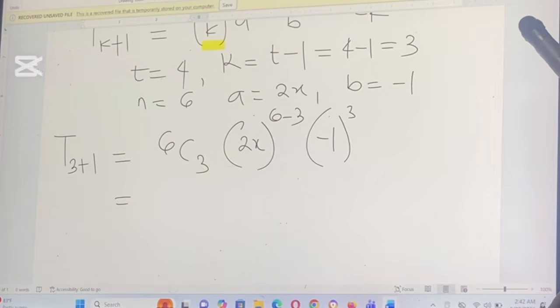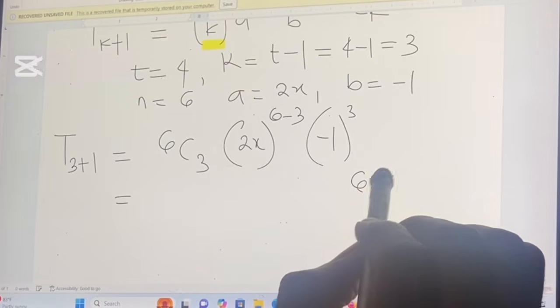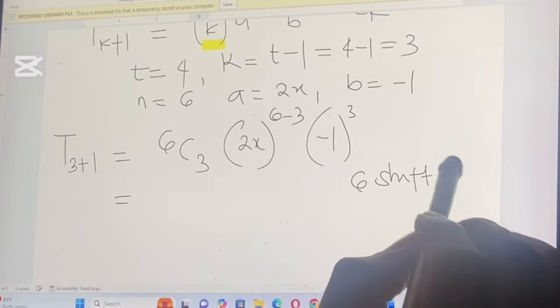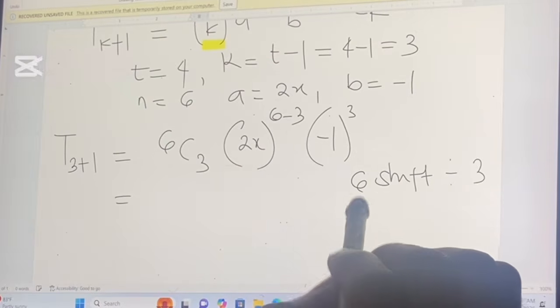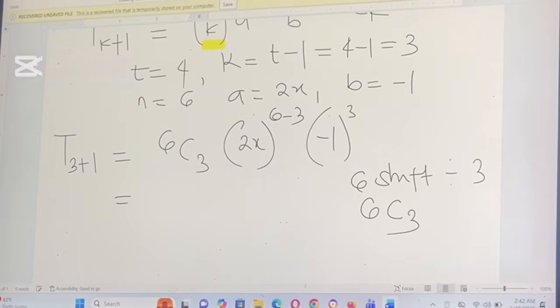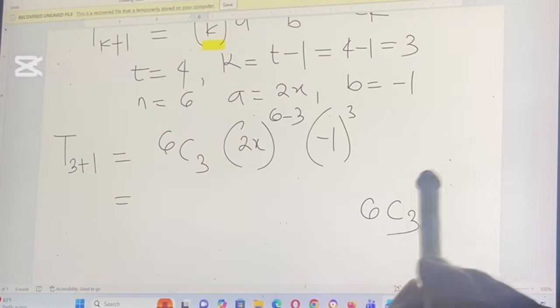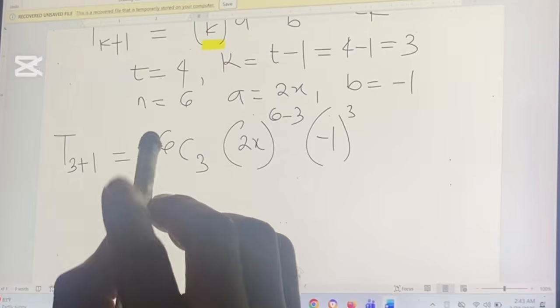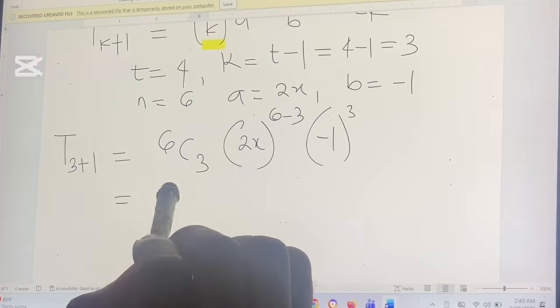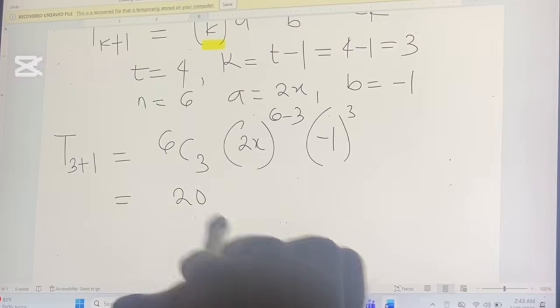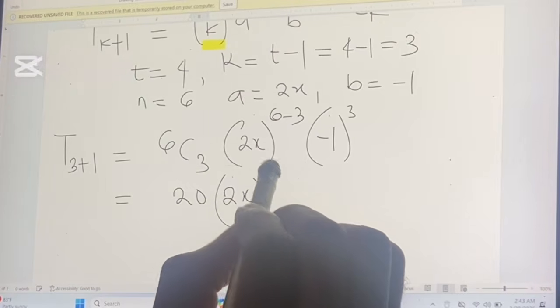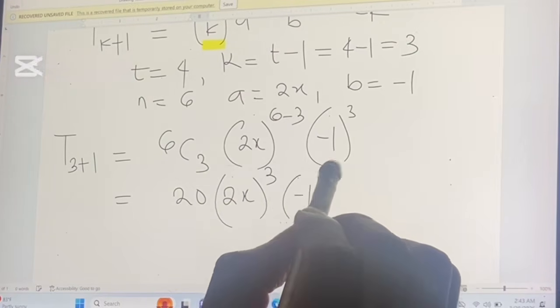You punch your calculator like this: 6, shift, division, 3. So it will look like this: 6 combination 3. Press equal to have the answer. Okay, what is the answer in your calculator, please? The answer there is 20. 6 combination 3 gave us 20, times 2s raised to the power of 3, times minus 1 raised to the power of 3.